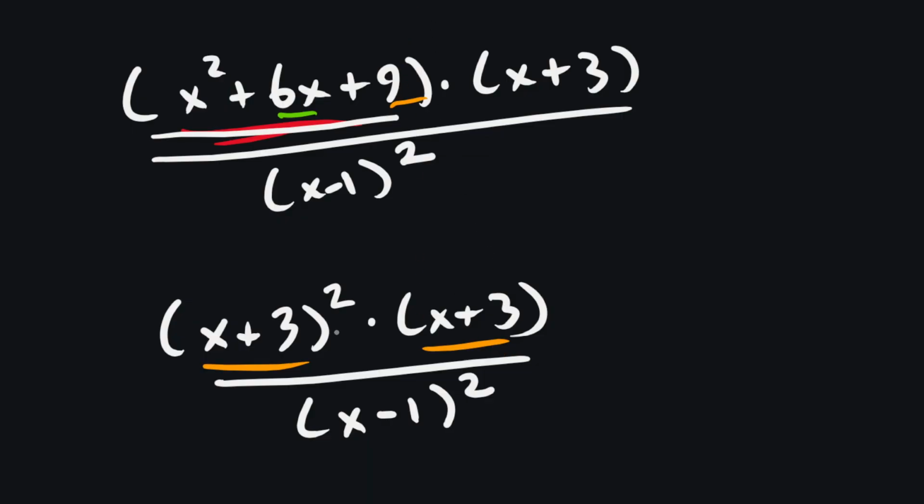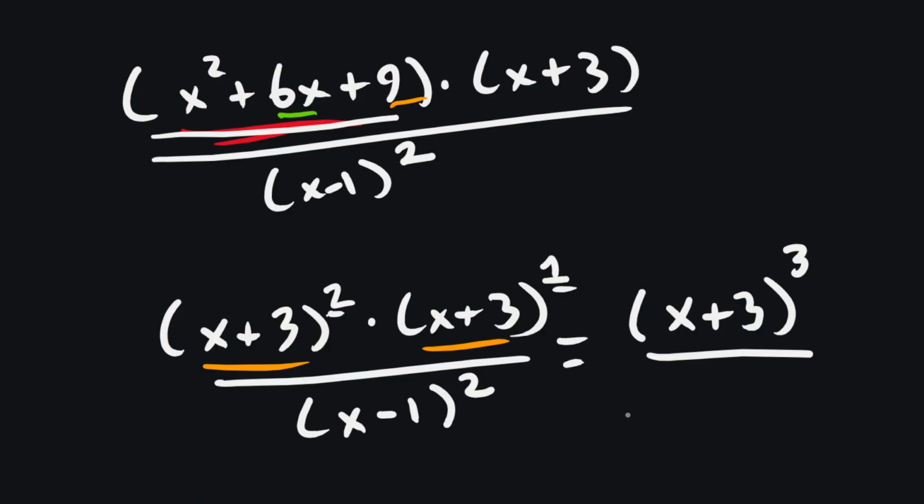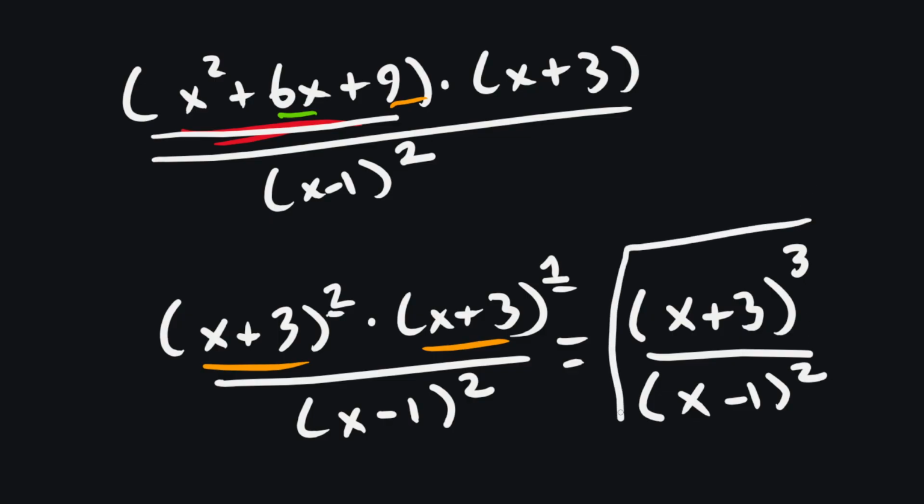This is x plus 3 squared times x plus 3 to the first, so this equals x plus 3 to the 2 plus 1, which is 3. So this is x plus 3 to the third, divided by x minus 1 squared. And that is the final answer.